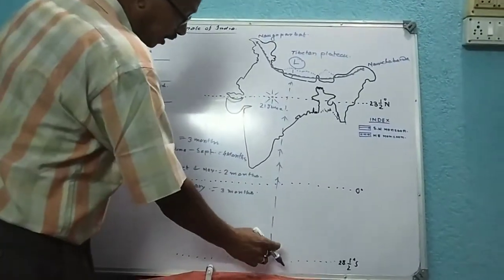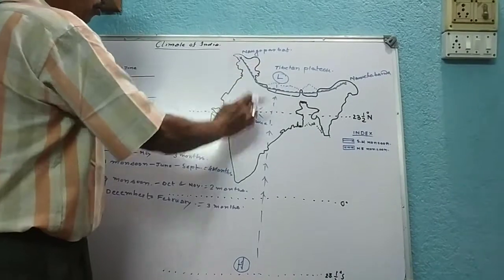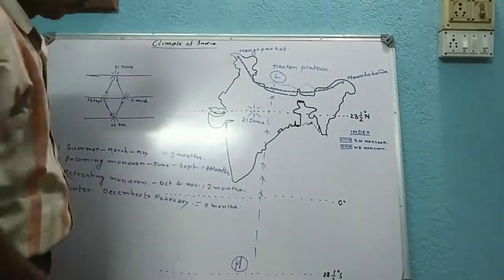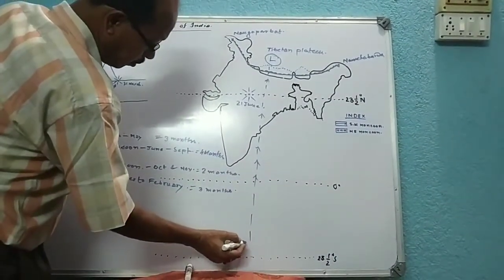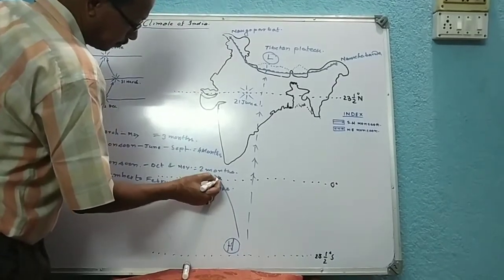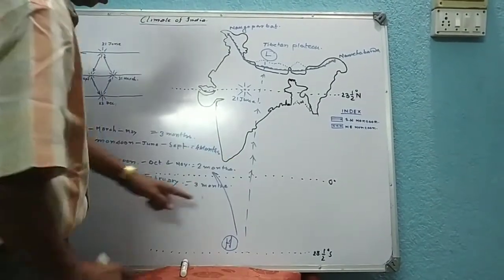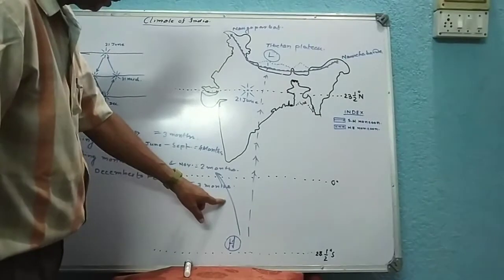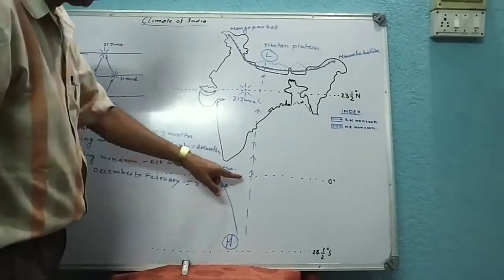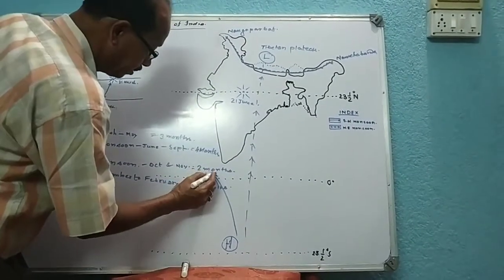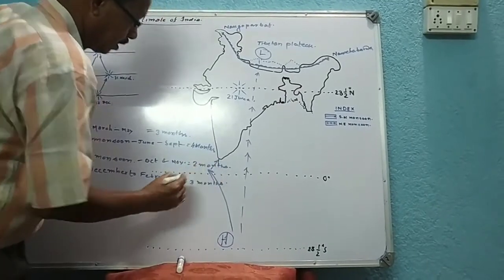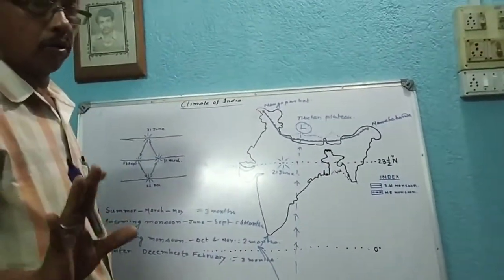So the wind doesn't follow this direction; the wind blows in this direction. When the wind crosses the equator, it turns towards the right, according to Ferrel's law.